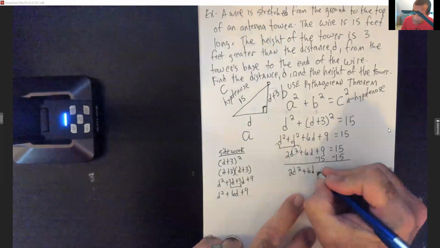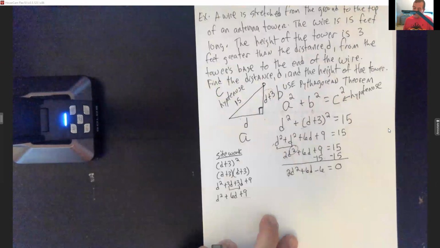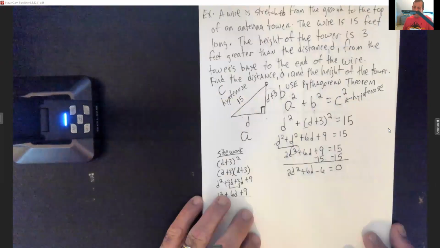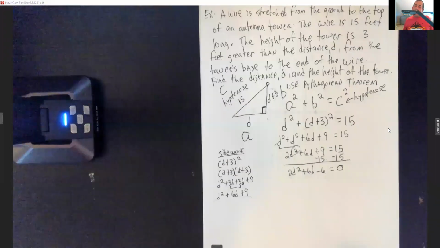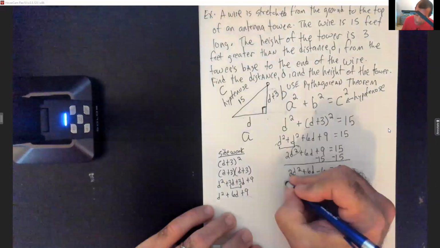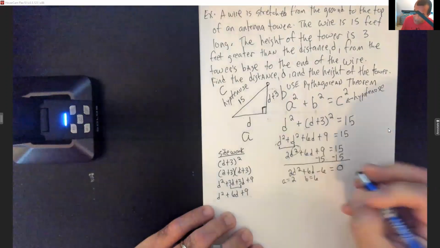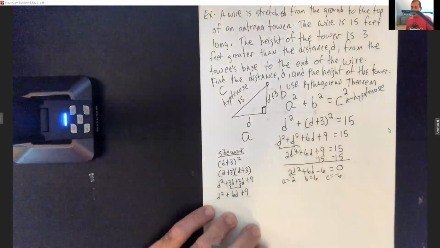And all that is now equal to 0. All right, so at this point, you either want to try to factor this or use the quadratic formula. So y'all, I can use the quad. A will be 2, B will be 6, and C will be negative 6.